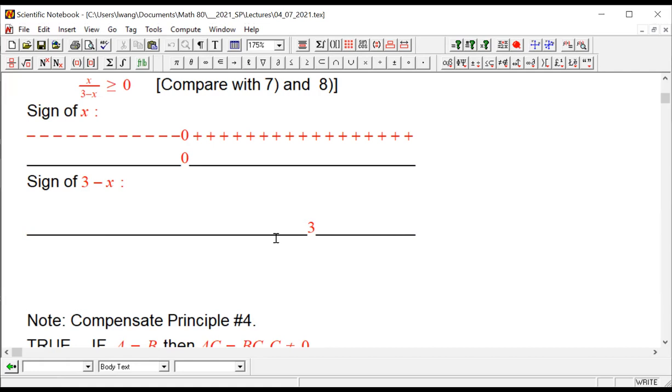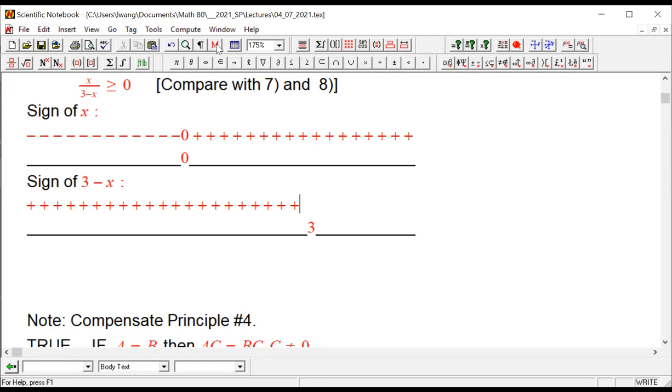But when x is less than 3, say you pick 0, which is less than 3, what you get is positive. This example also shows you that you don't always have negative, positive, negative on the left. It depends on what you have. Do you follow me?